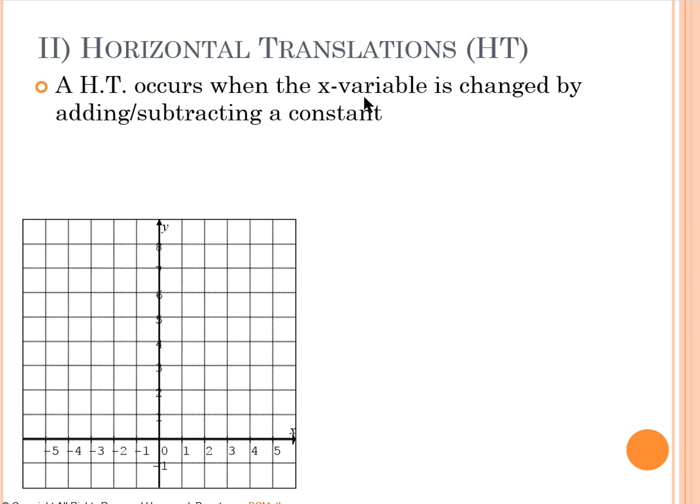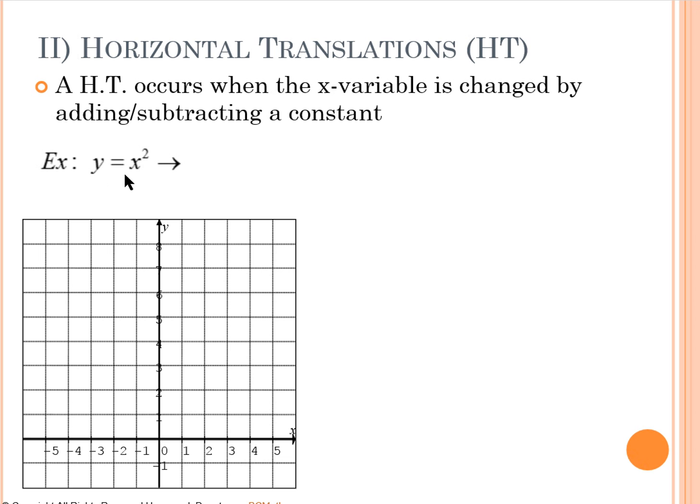Where are the x values? Well, the x values are the horizontal numbers on your grid. So horizontal and your x variables are connected. And a constant, just a reminder, is for example like 1, 2, 3, -5, -8, or maybe 3.14. A constant is simply just a number.